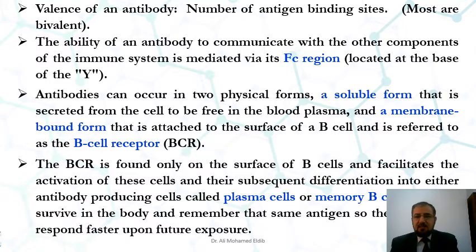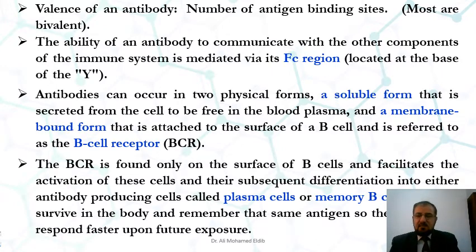As we know, the antibodies are of two physical forms. The first is the soluble form, the second is the membrane-bound form. The membrane-bound form antibody forms the B-cell receptors by which the B-cell can recognize antigen. While the soluble form is produced by the effector cells, which are the plasma cells, to react with the antigen and help eliminate the pathogen.